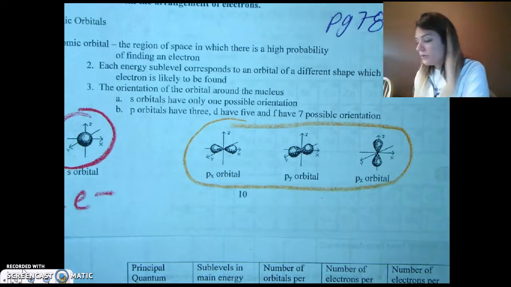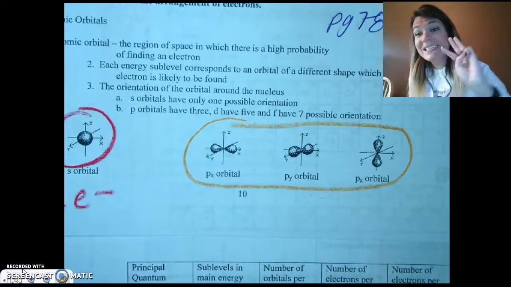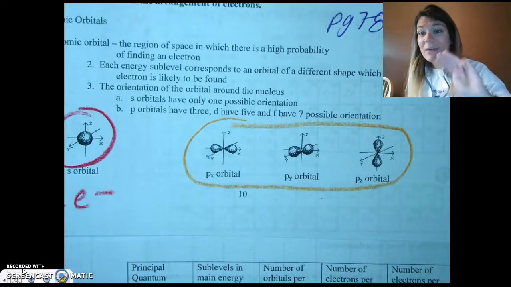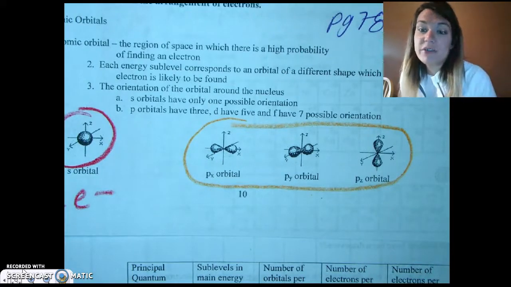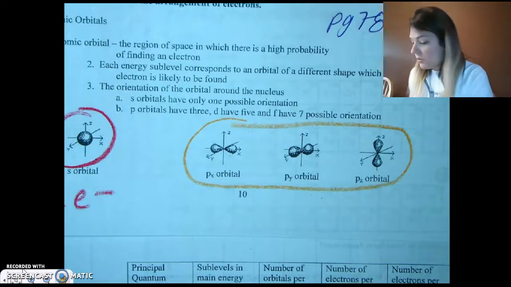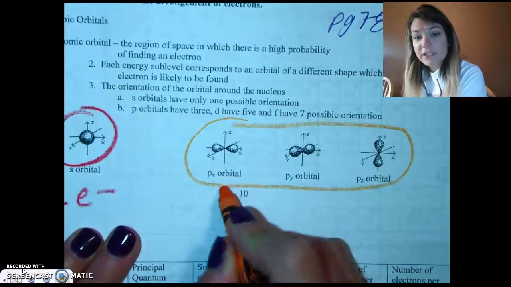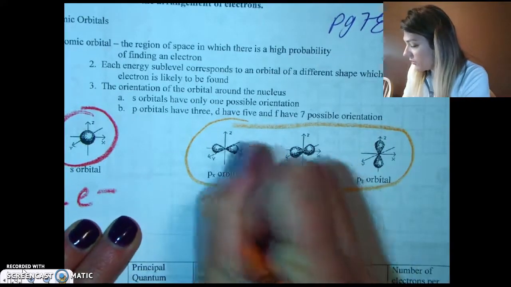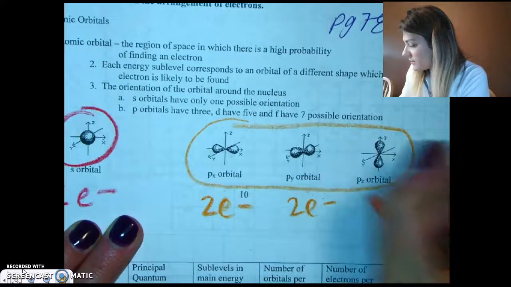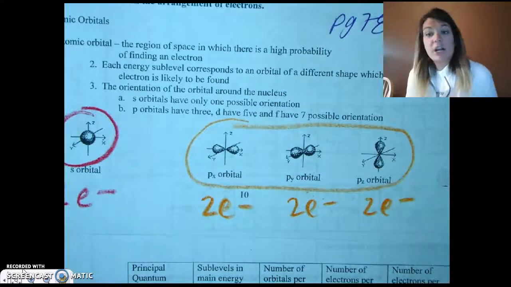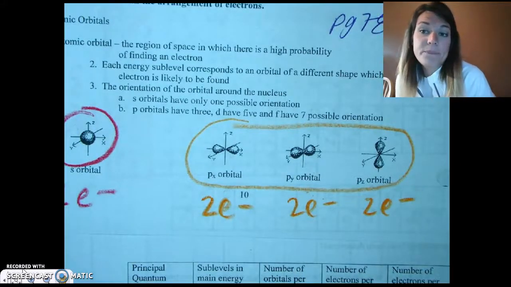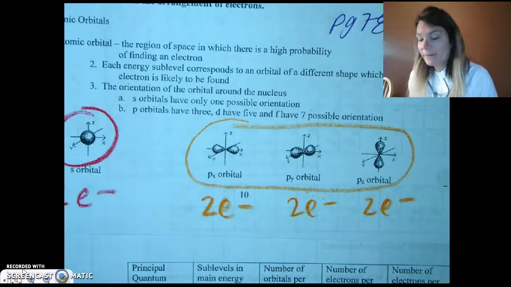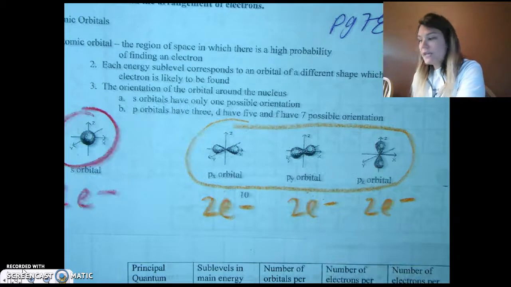So now I have 3 different orbitals in a p orbital. How many electrons do you think can go inside of the p orbital? Here's one orbital, here's a second orbital, here's a third orbital. If each can hold 2 electrons, how many electrons total can the p orbital hold? I hope you said 6, because 2 plus 2 plus 2 is 6.